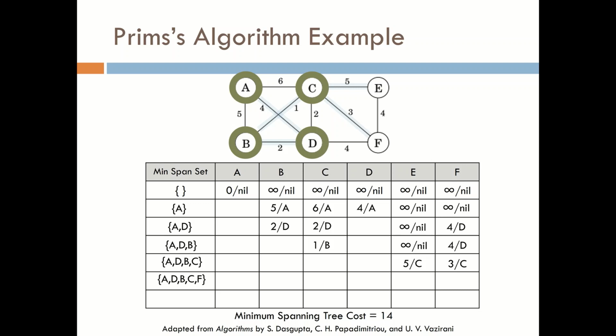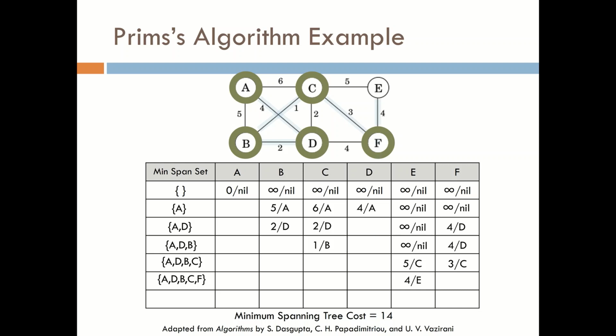F is now part of the group, and we're going to evaluate whether we can improve E at all. Well, F can connect E at a cost of 4, whereas E previously was being connected at a cost of 5 through C. So we'll make that change.